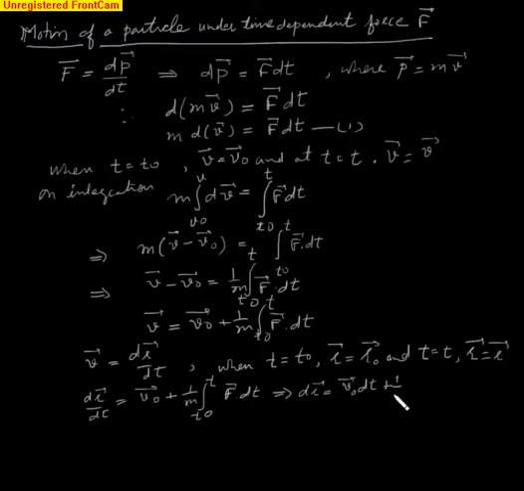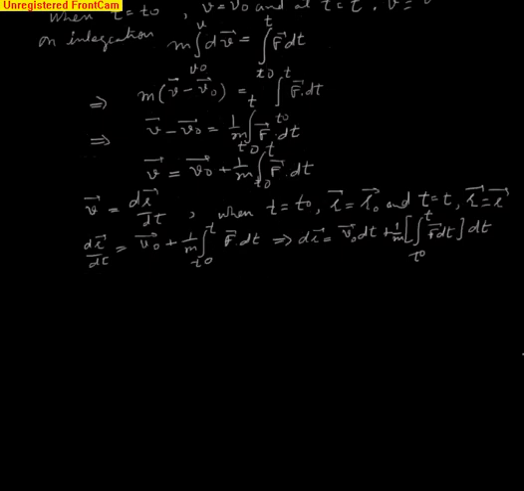Then I have to multiply dt to this term, so I write this term in a bracket from t naught to t, F dt, into, again, dt. Okay, now let us integrate both sides again with these conditions which are written here.